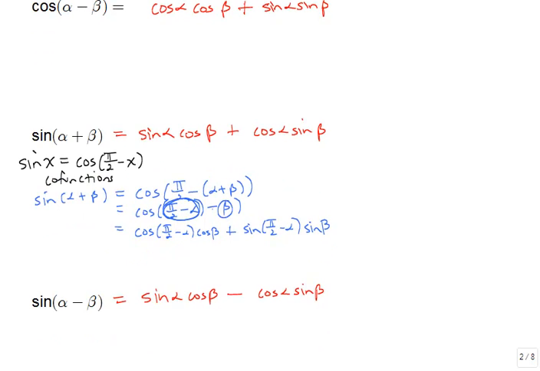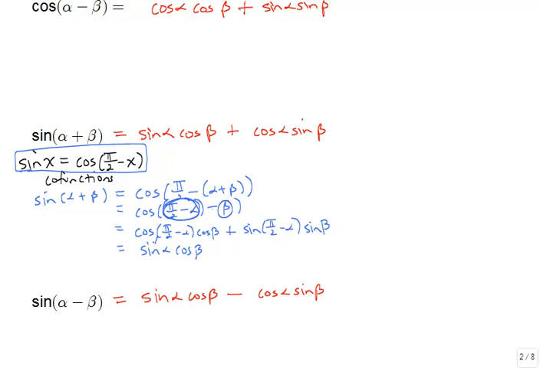And then using that cofunction idea again, cosine of pi over 2 minus alpha is the same as sine of alpha, because pi over 2 minus alpha is the complement of alpha. So this becomes sine alpha cosine beta, and I'm just using this cofunction identity right here. And instead of using x's, I'm just using alphas.